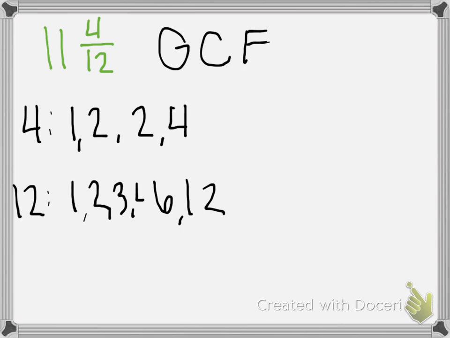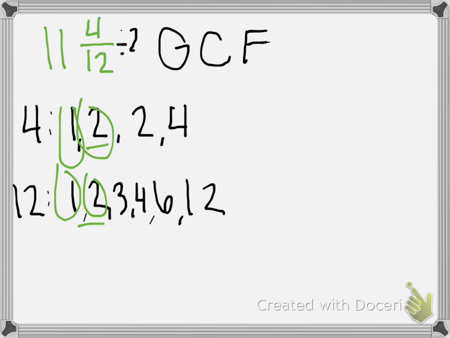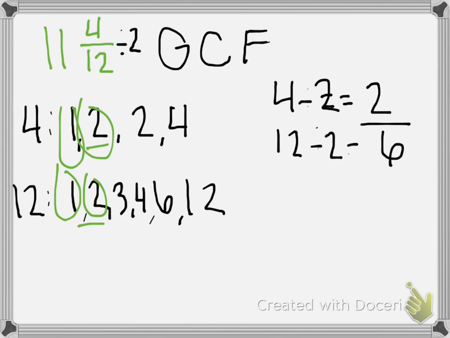And 3 times 4. The factors I have in common are 1 and 2. So my greatest common factor is 2. I'm going to divide both my 4 and my 12 by 2. 4 divided by 2 equals 2. 12 divided by 2 equals 6. My new fraction is 2/6.